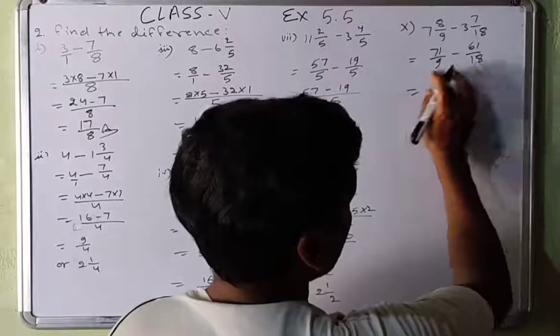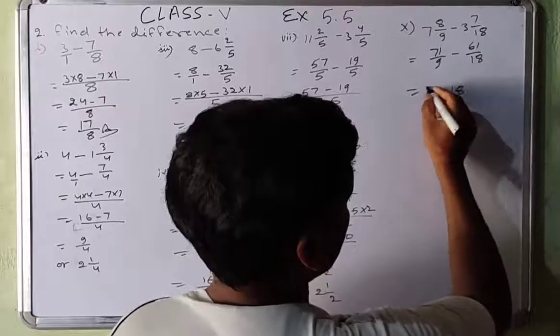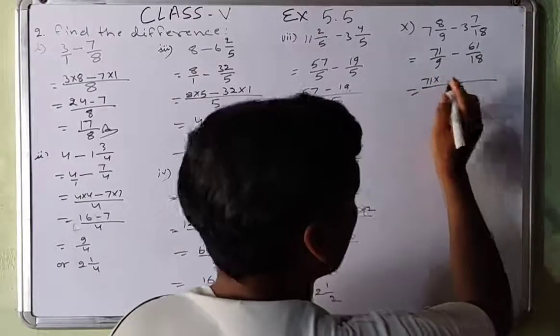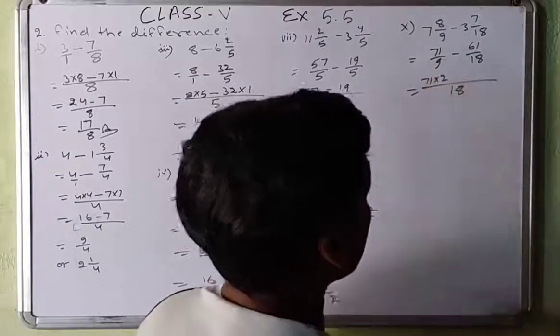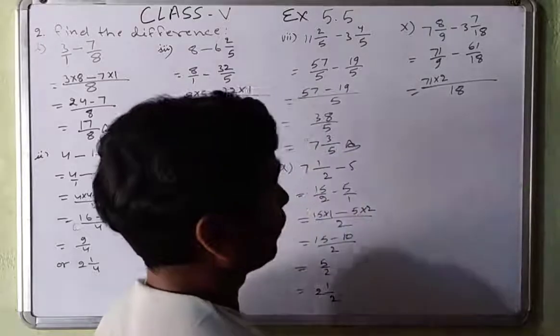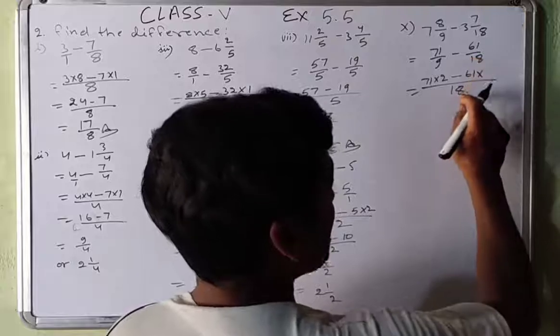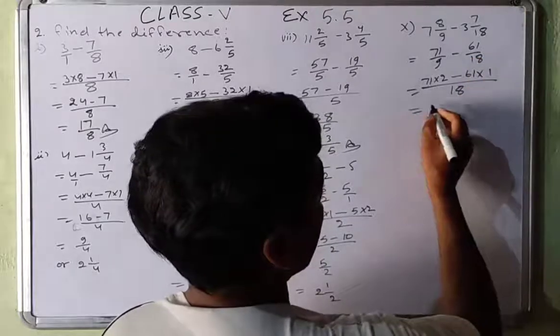The LCM of these two is 18, that is the greater number, and then 71 multiply 9. 2 nines are 18, the 9 table is coming 2 times for 18. 61 multiply 18 ones are 18, that is a 1.